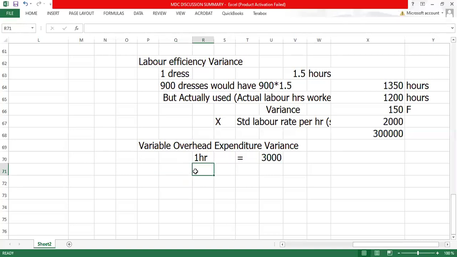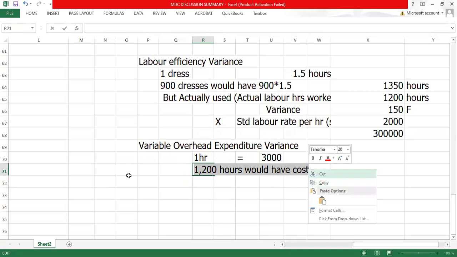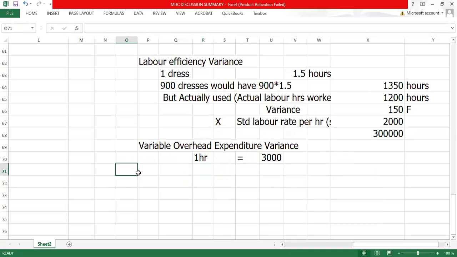So you say 1,200 hours worked would have cost the company how much?